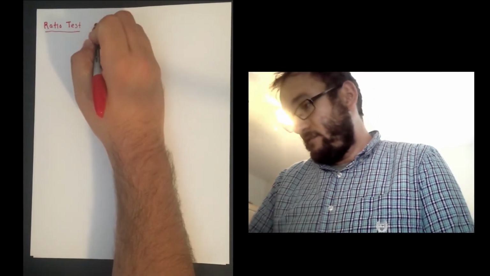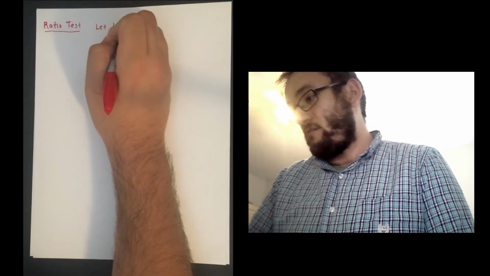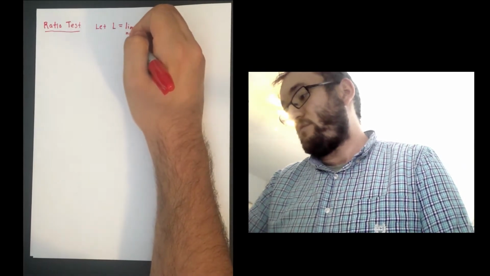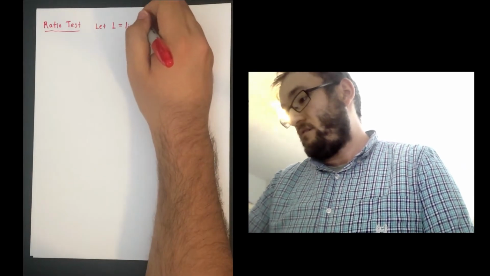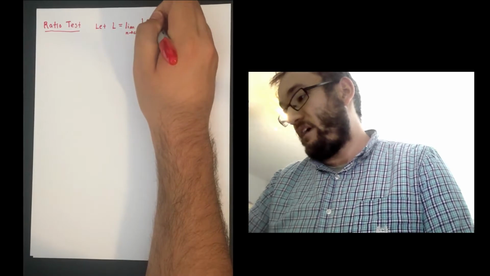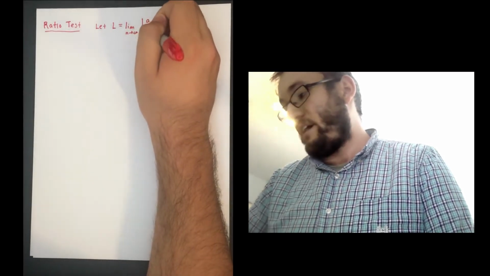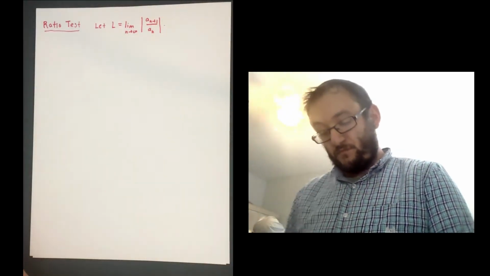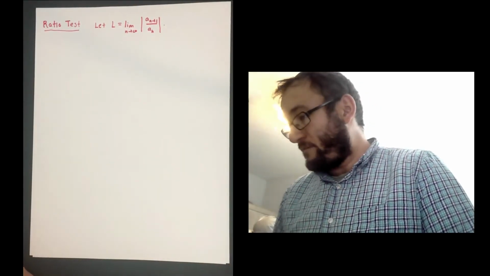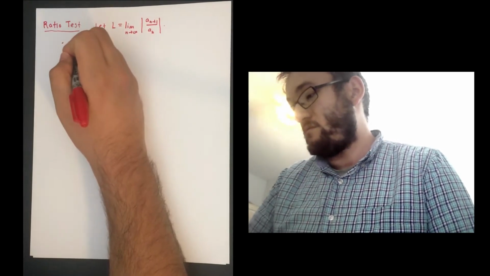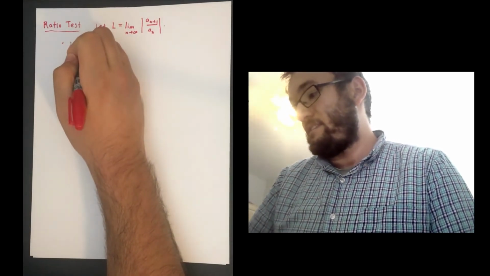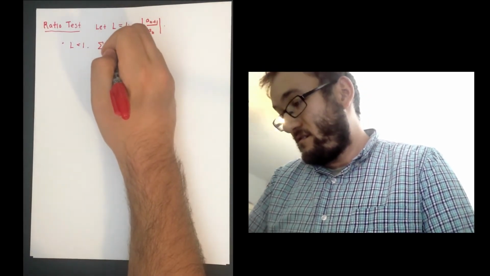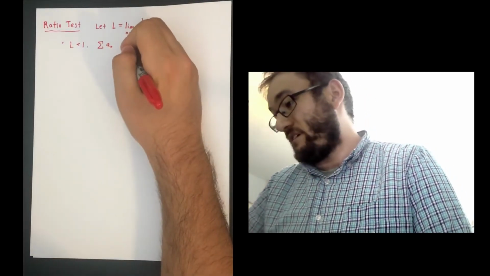Okay. Let L equal the limit as n goes to infinity of the absolute value of a_(n+1) divided by a_n. Okay. If L is less than 1, then the series a_n is absolutely convergent.